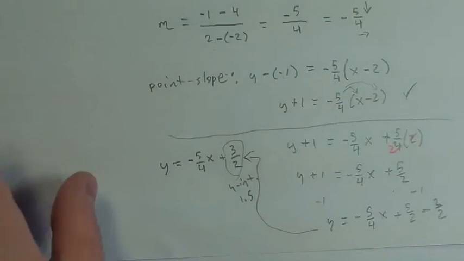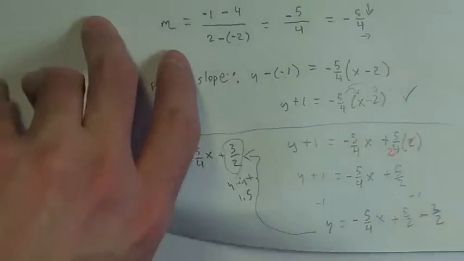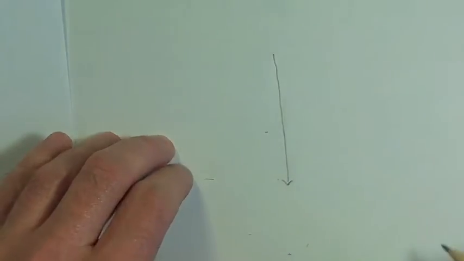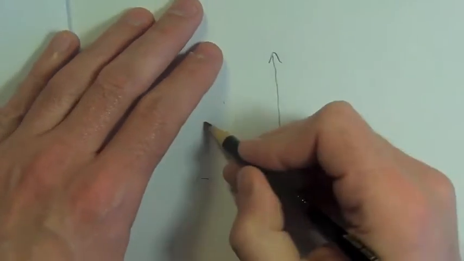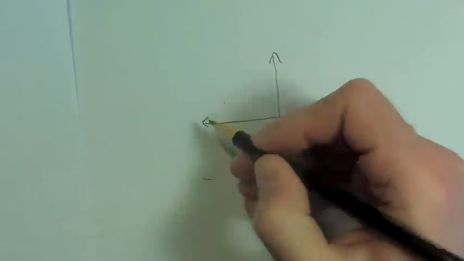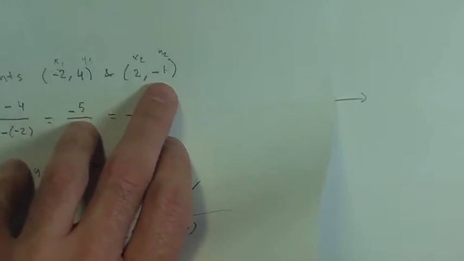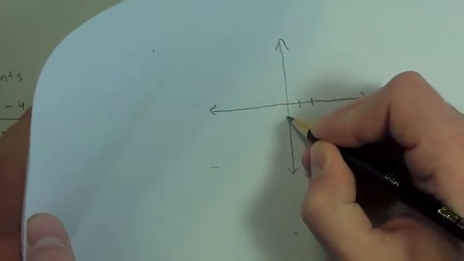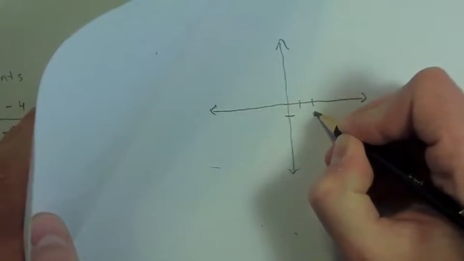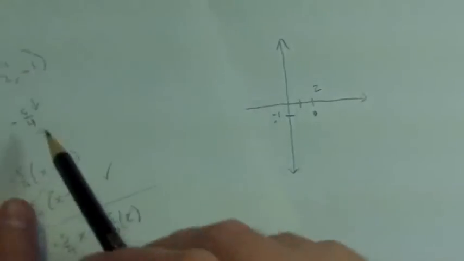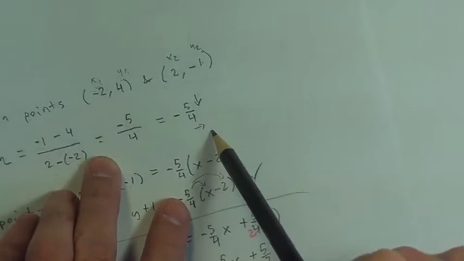Or what we can do, and I'm going to show it that way this time, just to show you how we get there, is when I make my axes, I'm going to take this point here, which is 2, negative 1. So I'm going to go out 2, down negative 1. And then I'm going to use my slope to find the next point.